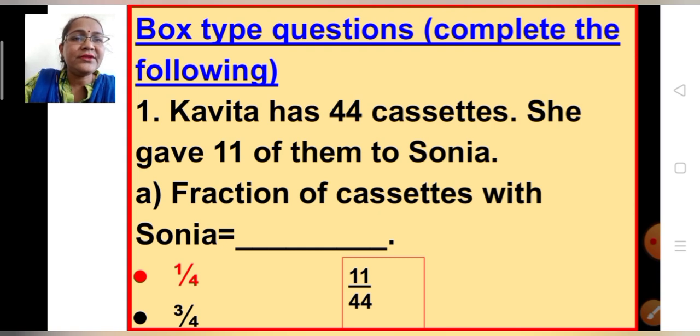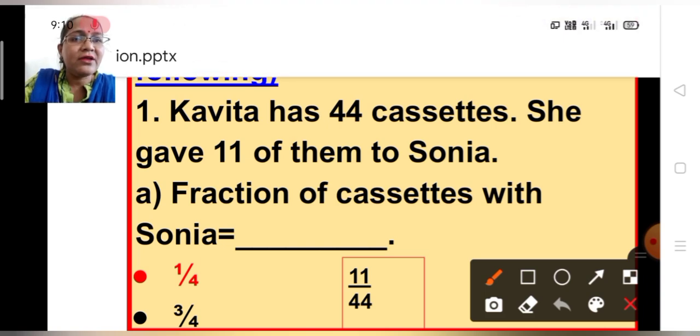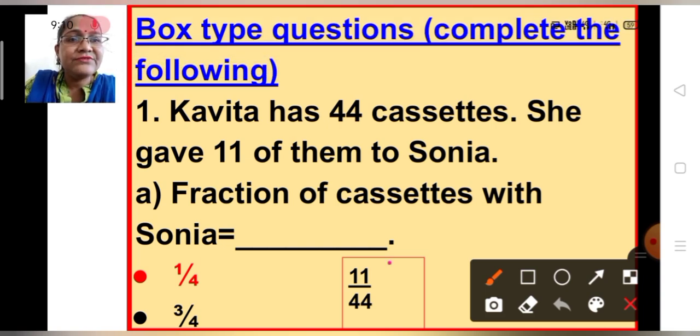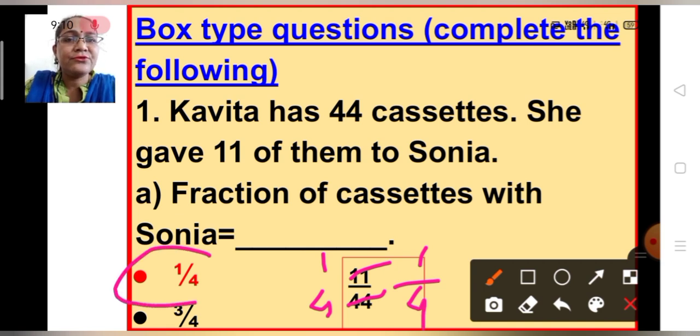So for this children, Kavita gave 11 cassettes to Sonia and she is having 44. So the fraction will be 11 upon 44. But children, in the option it is not given. So what we will do, we will divide the given fraction by 11. So 11 ones are 11, 11 fours are 44. So required fraction will be 1 by 4. So now you are going to click the first option, that is 1 by 4.